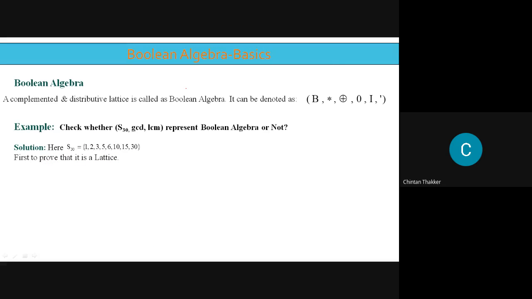So we proved that S30 is a lattice. Now next we have the distributive property. So how can we prove the distributive property?